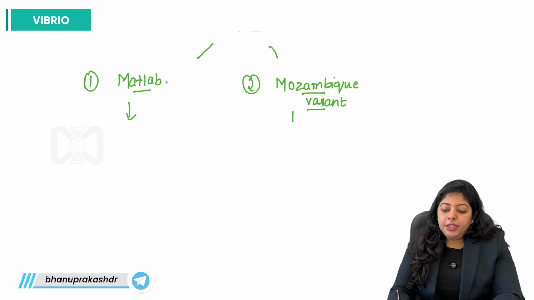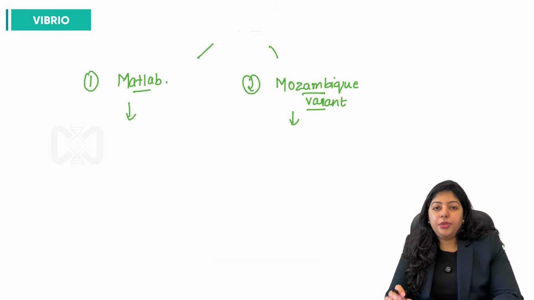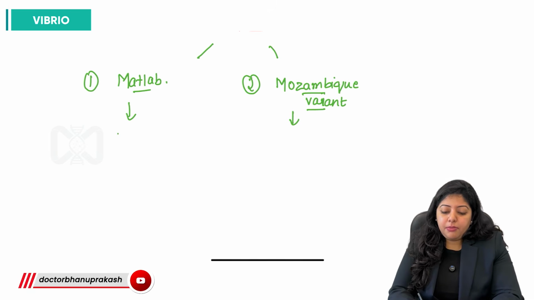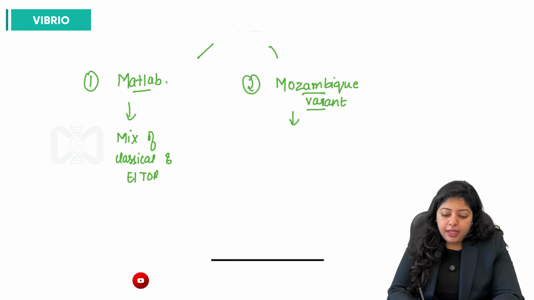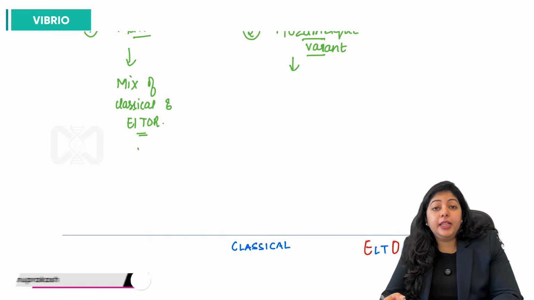So the Matlab variant is a mixture, it has properties of both the classical and El Tor biotypes. So it's a mix of classical and El Tor, and this is the reason why, because it has so many properties of classical and so many properties of El Tor biotype, it could not be typed.